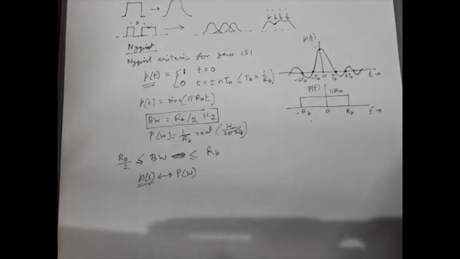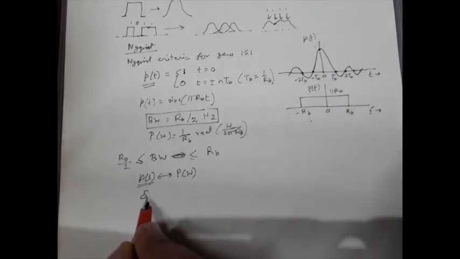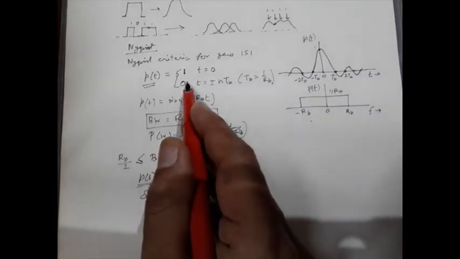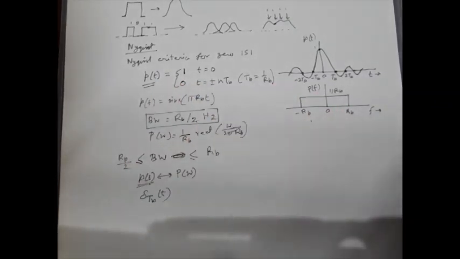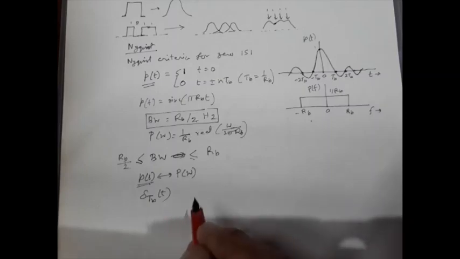Now if we sample PT every TB seconds by multiplying PT by an impulse train written as delta TB, then because of the property, all the samples except one at the origin are 0, right?